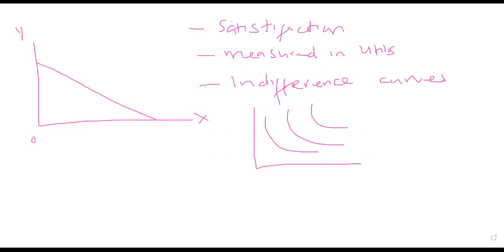Okay, so what are some of the properties that indifference curves have? As you can see, they are parallel to each other. They don't crisscross. They are downsloping.